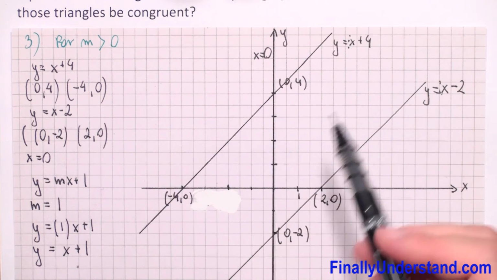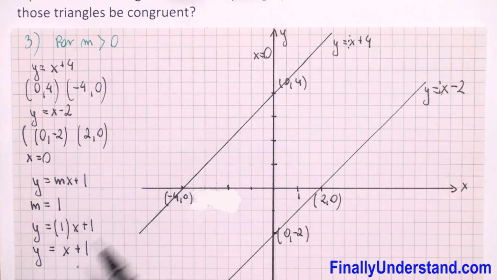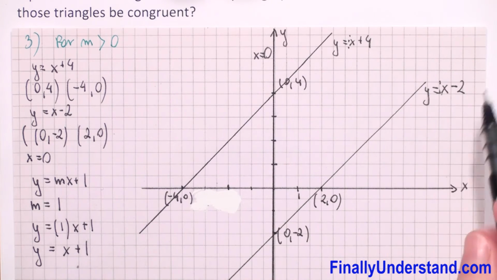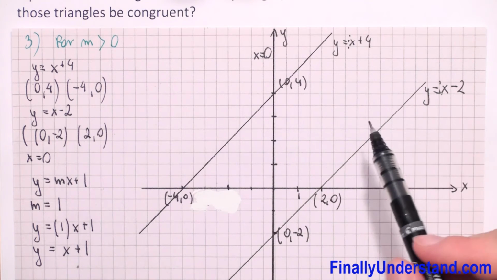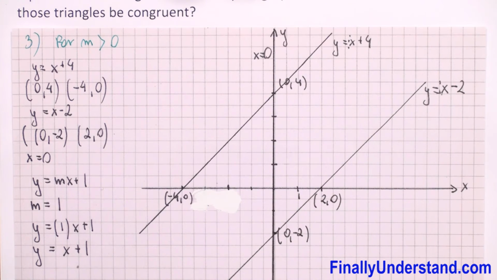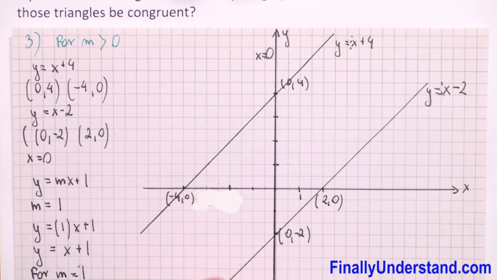We see that we have the same coefficient before x, we have 1 here. It means that this line is parallel to line y equals x plus 4 and y equals x minus 2. So because these three lines will be parallel, we will not have any triangle. We can write that for m equals 1, we'll have three parallel lines.